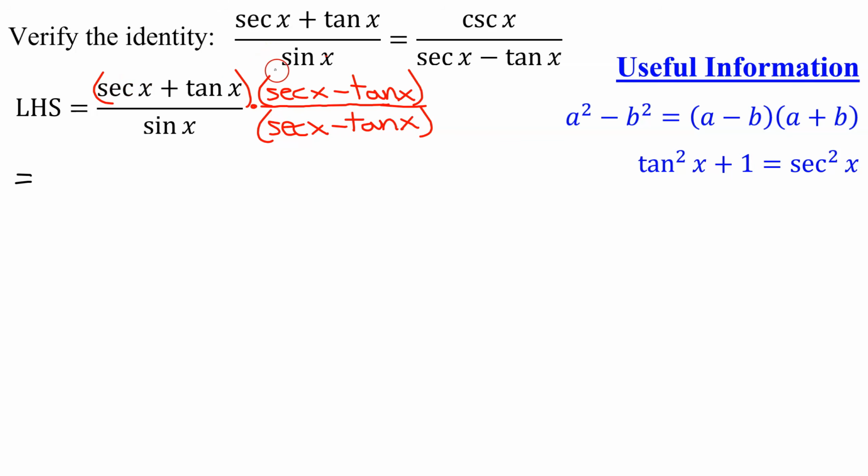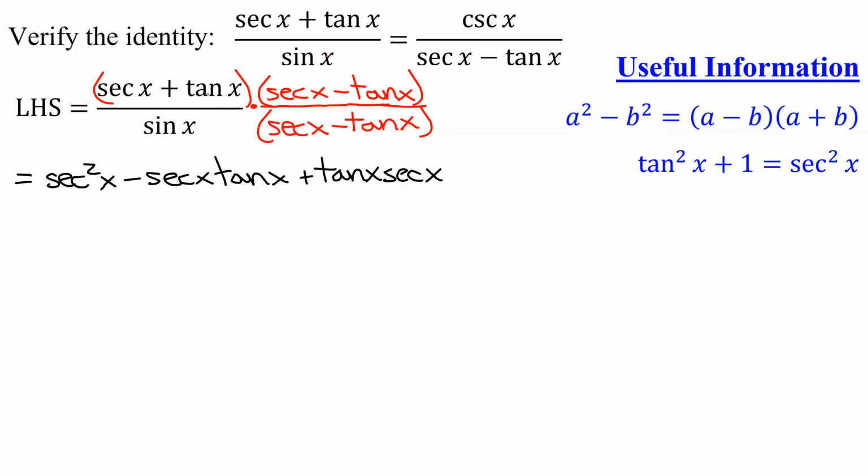So first terms, secant x times secant x is secant squared x. Outer, secant x times negative tangent x is negative secant x tangent x. Inner, tangent x times secant x, which is plus tangent x secant x.